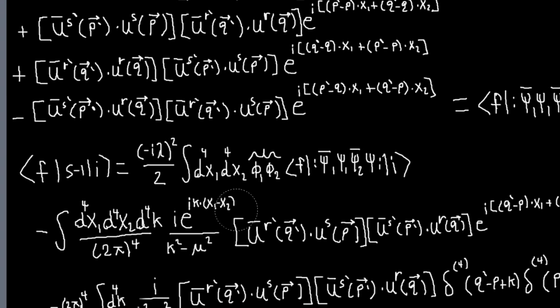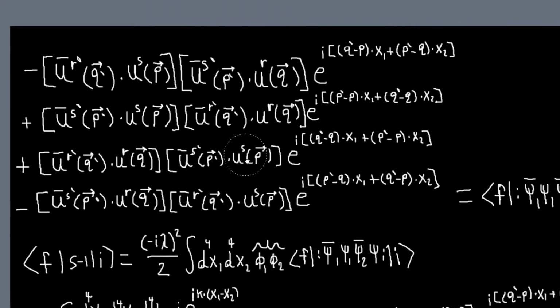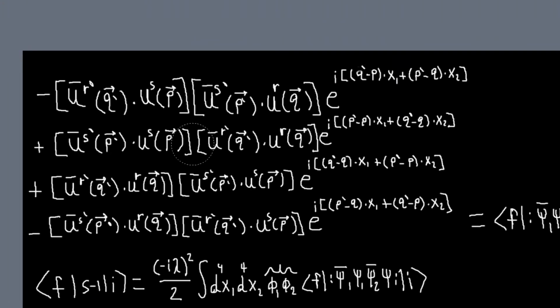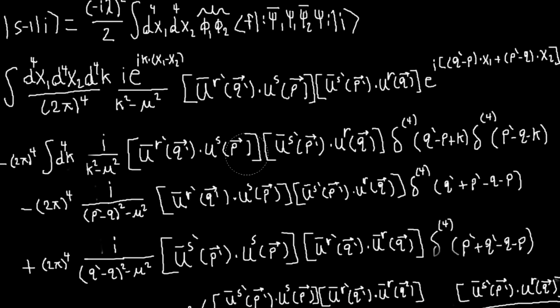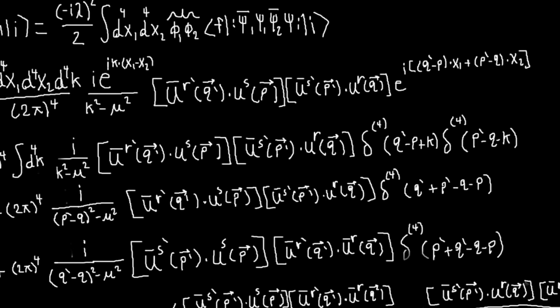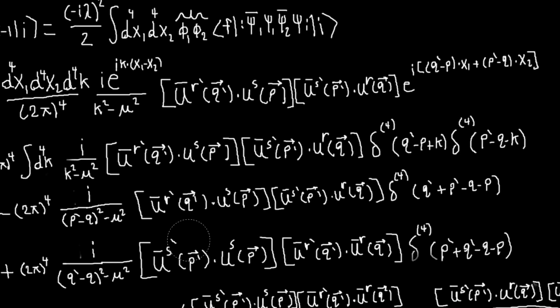A similar thing happened before. We also got four terms, but in the end, these two terms combine, and the top and bottom terms combine. That's why, after doing this integral over k, I get these two terms.